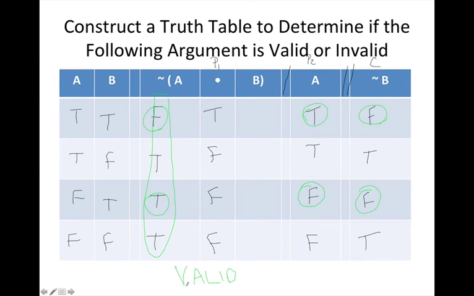And this will help us as we go to use valid argument forms as rules in proofs. So we can use a valid argument as a rule precisely because the argument never fails. It never fails because all possible values have turned out such that there's no row where the premises are true and the conclusion is false.